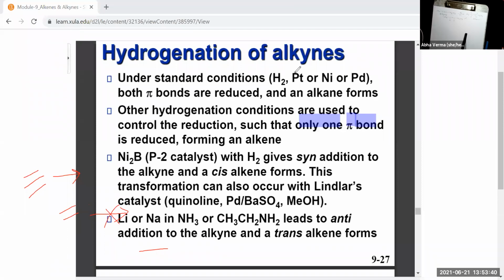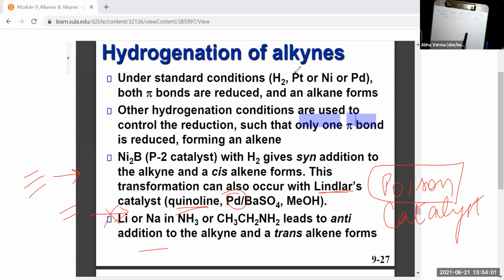What do you do? You poison your catalyst. So for example, when we do the Lindlar's, we add quinoline. Quinoline will kill or reduce the efficiency of palladium. Okay, so barium sulfate and palladium in the presence of methanol and a little bit of quinoline.